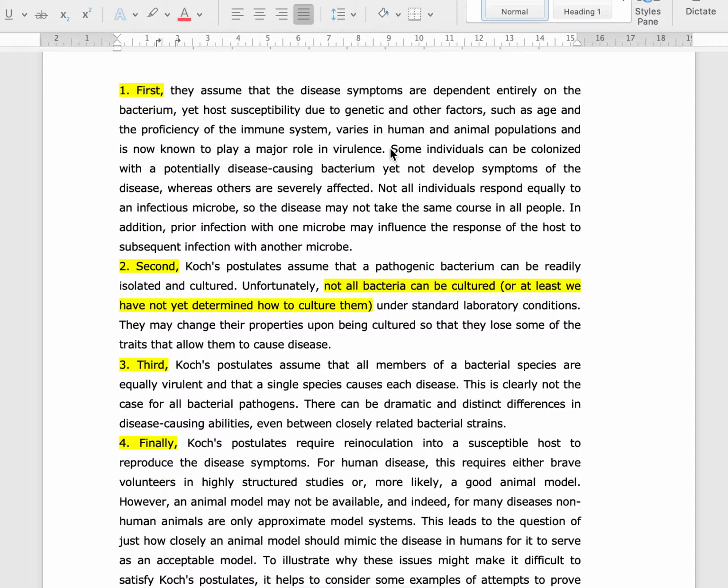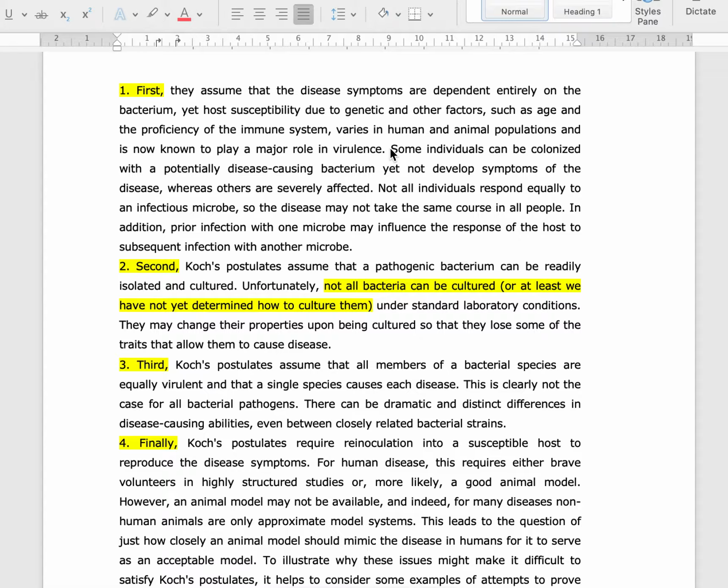Also, if a pathogen just gets into a host, that host will not necessarily become sick, because for every pathogen there is a minimum number of pathogens which should enter the host at a time, which we call the ID50, the infectious dose 50.